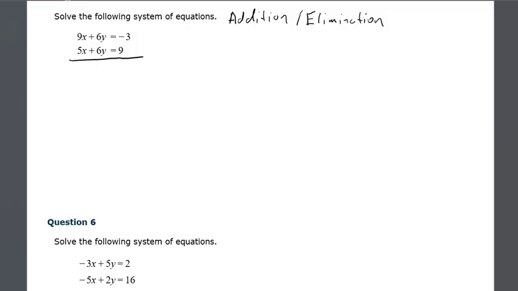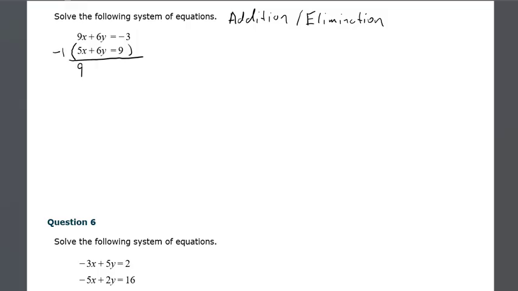Now, the first equation, 9x plus 6y equals negative 3, the y has a coefficient of positive 6. So in order for the y to be eliminated, the y in the second equation has to be negative 6. So what I'm going to do is multiply that second equation by negative 1.